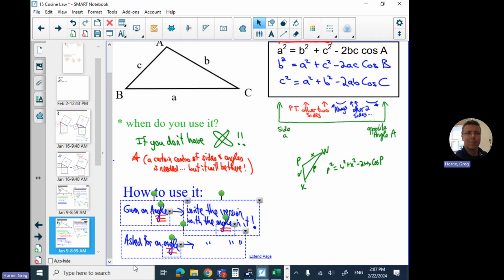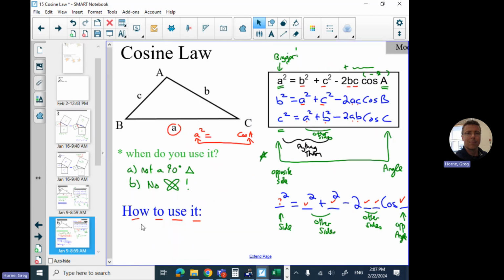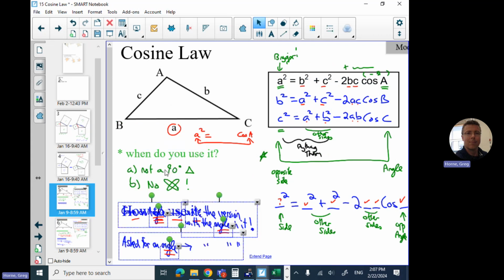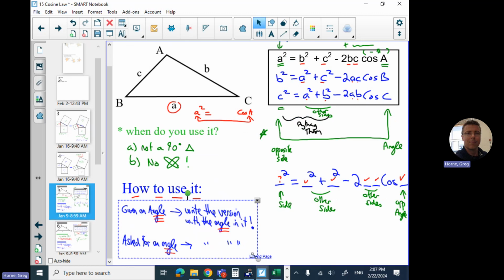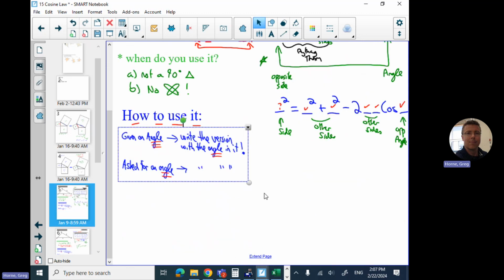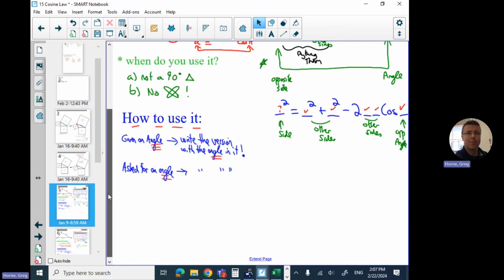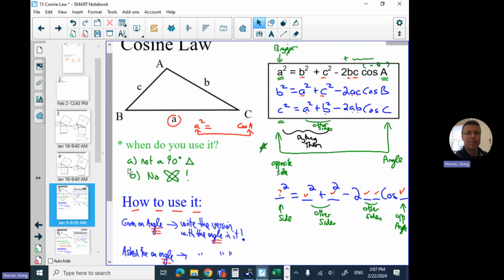So you get practice with it and get good at deciding how you're going to go about it, but I would say this is a pretty good way to start out, right? So yeah, if you're given an angle and it's pretty obvious you're going to need to use it, then write the version of the cosine law with that angle in it, and then everything else has to fit relative to it, opposite sides and other sides in the right spots.